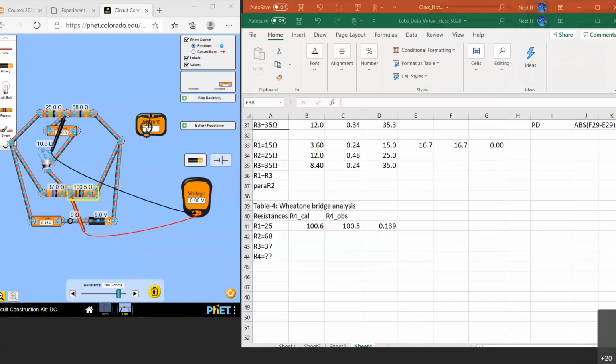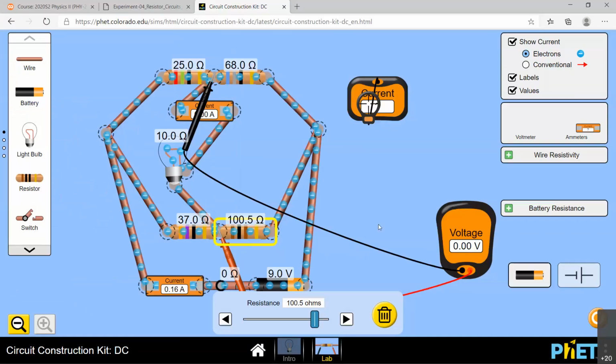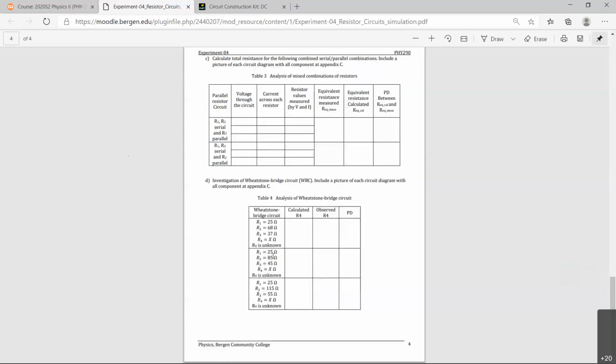Good, any question? Okay, there are various ways to do that, but the best way is that actually you have to use the voltmeter, okay? Now the only difference for the next two is that you have to change those numbers R1, R2, R3 to the given numbers, that's all.